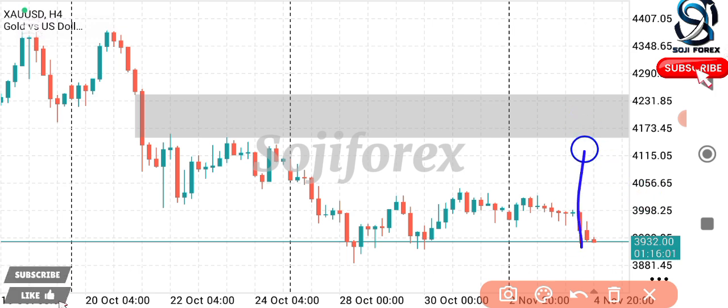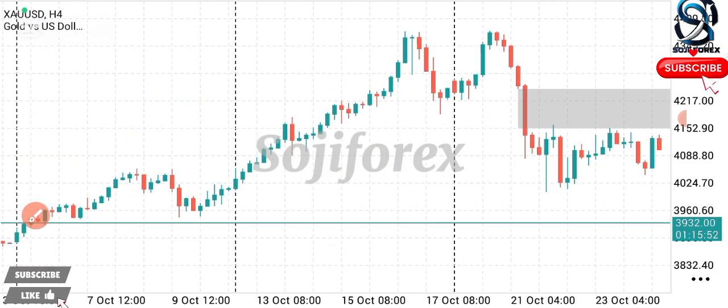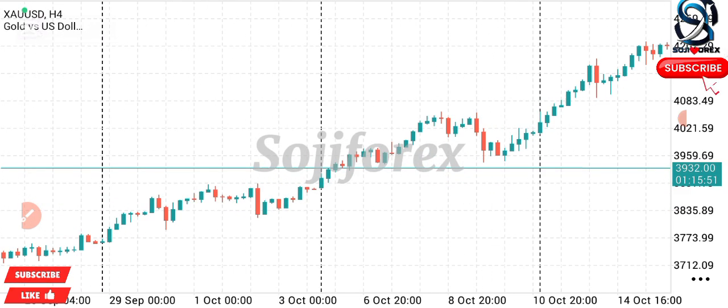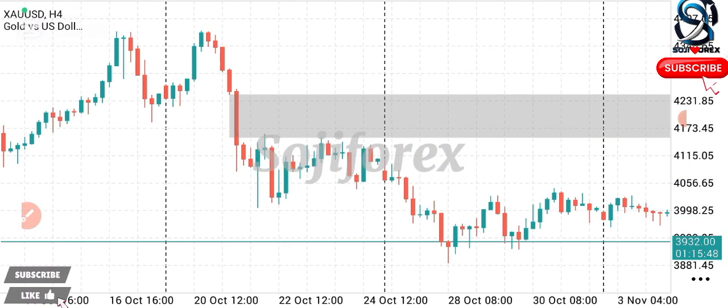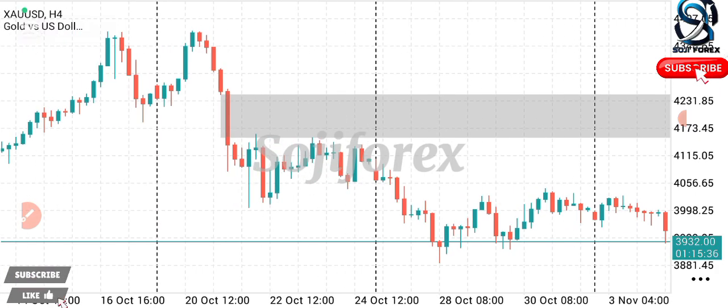Price can choose to pull back, fill it, and continue all the way to the upside. So it all depends on the price scenario and what the price action decides to do. That is exactly how you can take advantage of this, and you will be amazed at what your result will be. This is amazing, and you can backtest this.